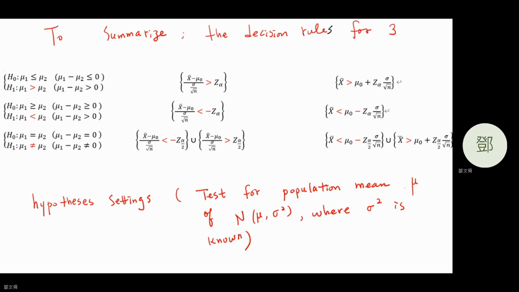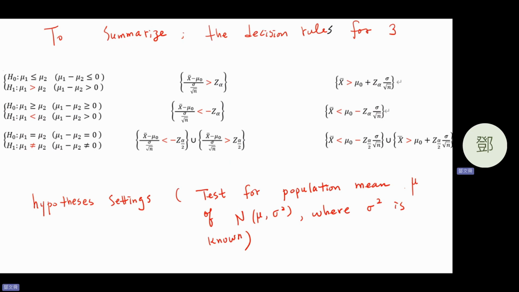So what can we do if the value of sigma is not known? We don't know the true one, then we can use the fake one, that is the sample standard deviation.